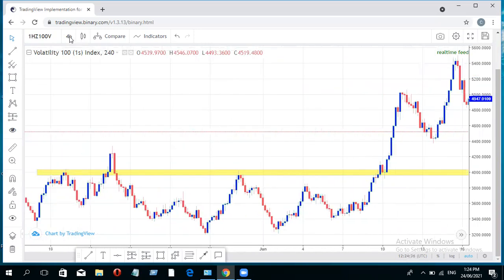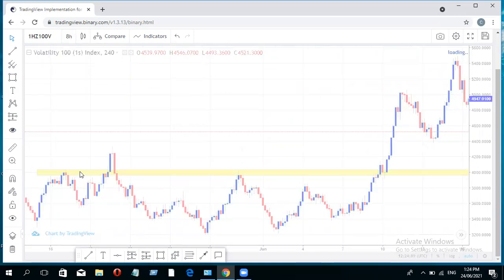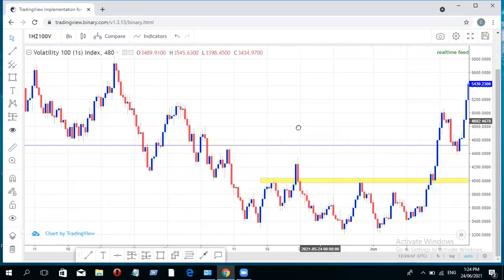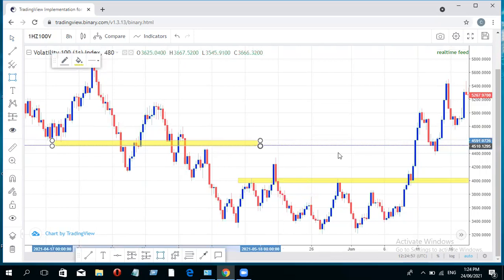This is the 8 hour. So this time frame is too large. Okay, so using the 8 hour, there was some kind of level somewhere around here. If you draw your resistance, there was some kind of level here.